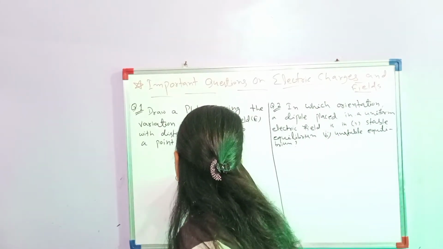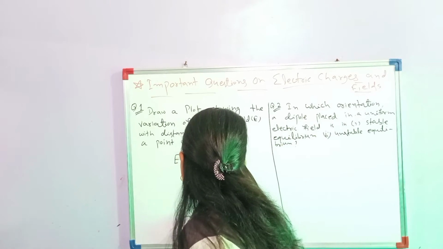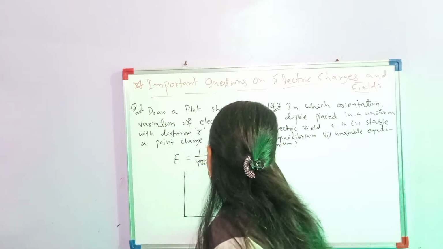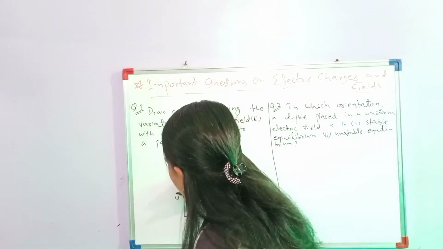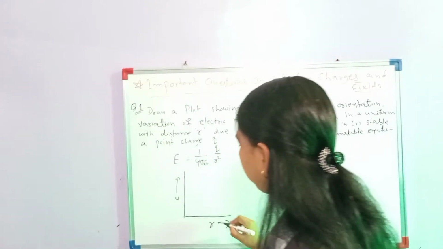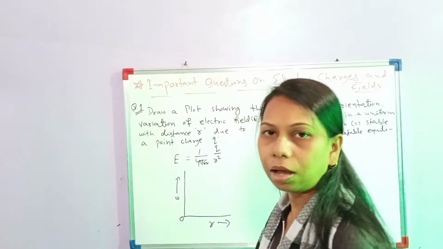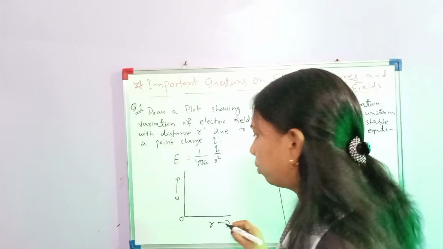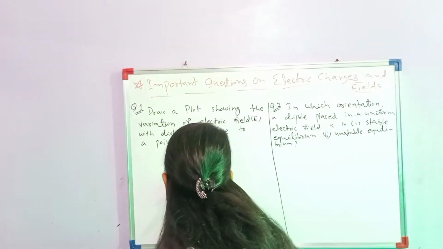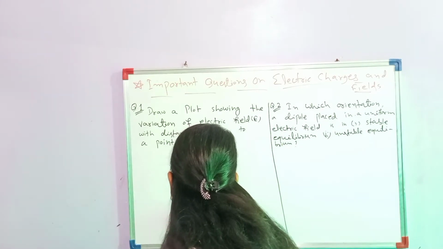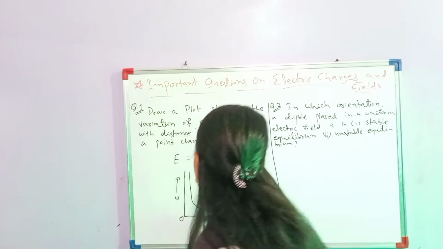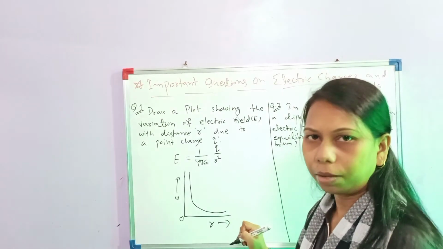So the graph will be like this. If we take r along x axis, E along y axis, then the graph will be an inverse square graph. This will be the shape of the graph.